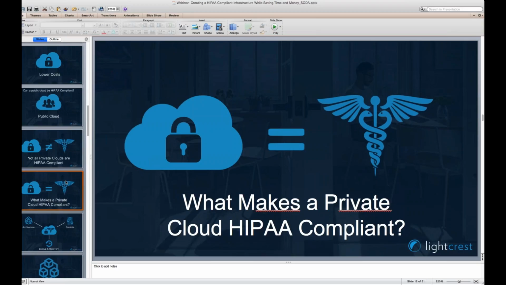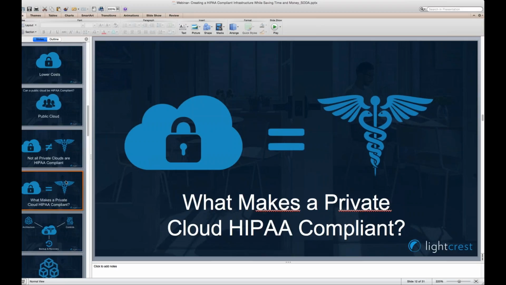The approach is essentially process-driven, and it's about preparation. You need to be working with folks who've passed HIPAA audits in the past, who've been able to achieve compliance in the past, and who know how to build all the processes and controls around the body of standards necessary to actually pass an audit.